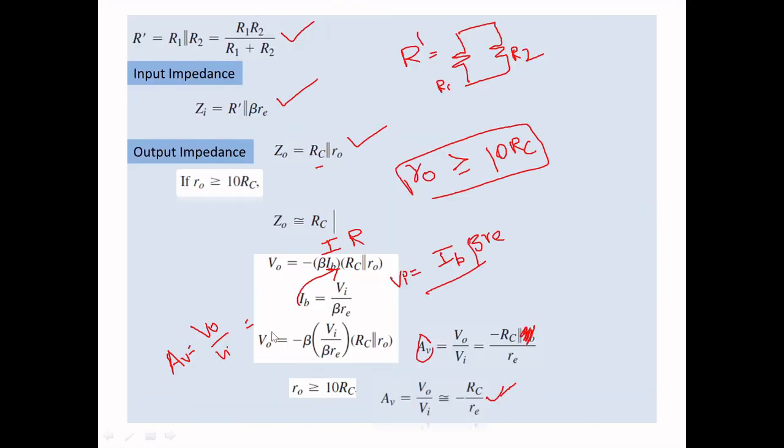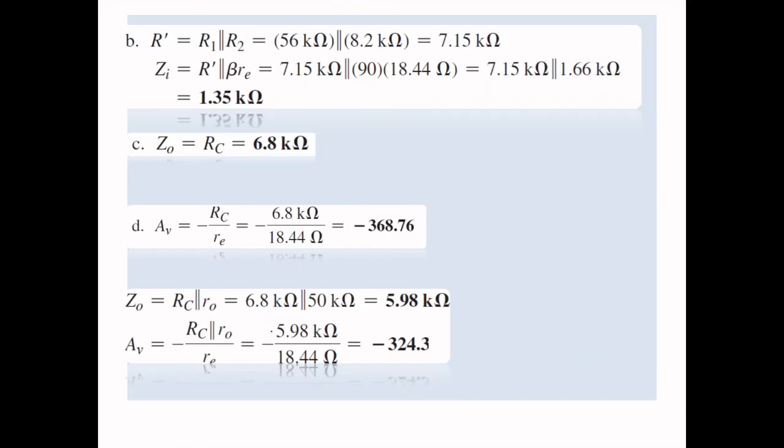Then Zi is R dash parallel to beta times RE. Calculating, R dash is 7.15 kilo ohm, beta is 90 and RE is 18.44 ohms, so you'll be getting 1.35 kilo ohms.